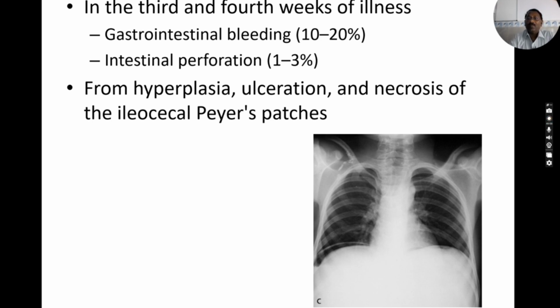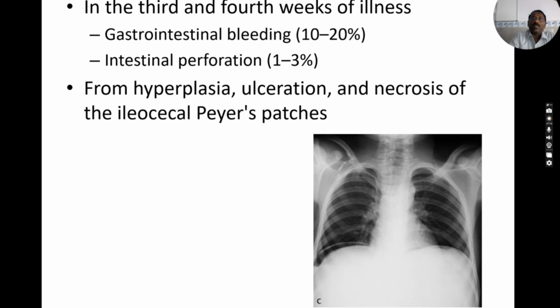So what are the points you are supposed to see? Trachea, clavicles, diaphragms, right border of the heart, left border of the heart, hilum, upper lobes, mid lobes, lower lobes of the lungs, and subcutaneous tissues. So you have to comment on all these things.